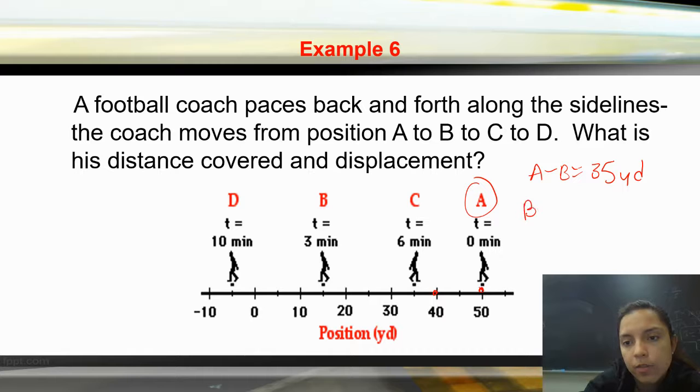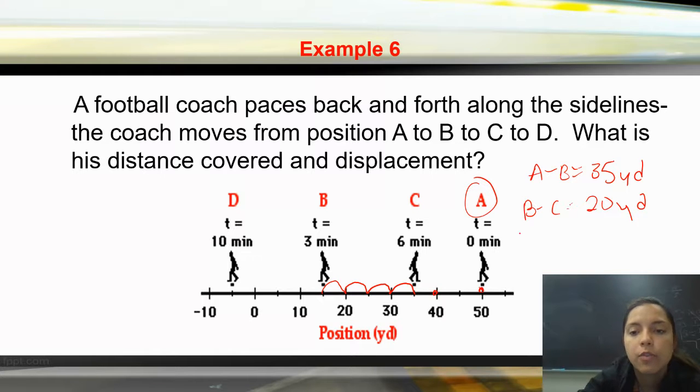Now you gotta go from B to C. So here we are, and we're gonna go to C. So from here to here is 5, 10, 15, 20. So the distance is 20 yards here.